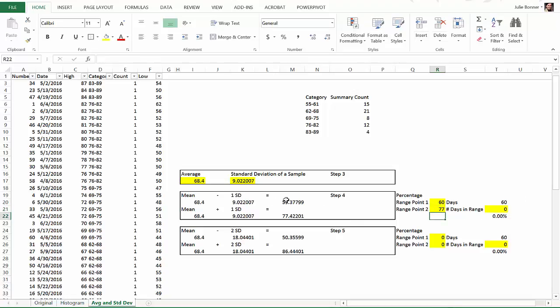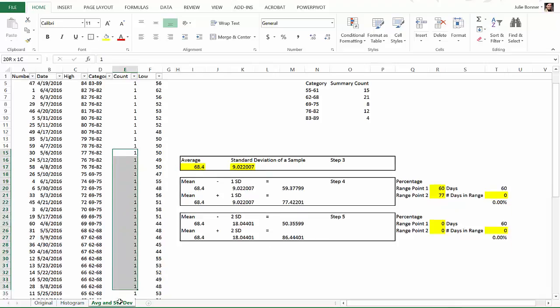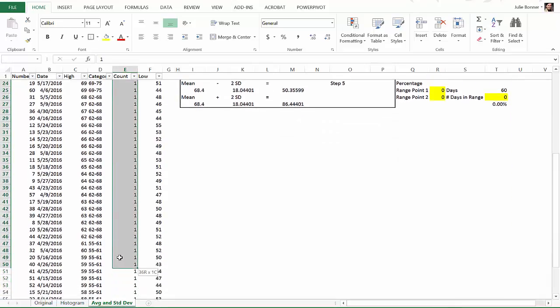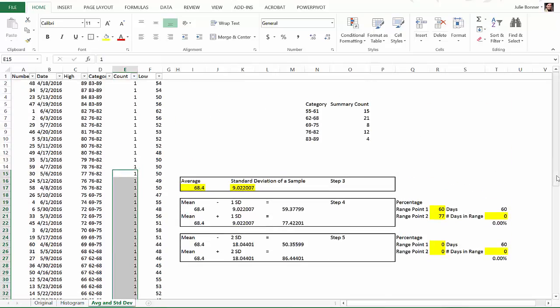Now, this is in order to get the percentage of my data points that actually fall in 1 standard deviation, okay? So 60 to 77 degrees. So here's 77 degrees, and if I highlight all the way down to 60, because I've kept my data sorted, I have 34, so right down here you see 34, I have 34 data points that fall within that 1 standard deviation.